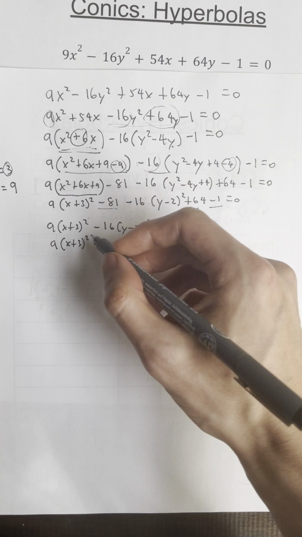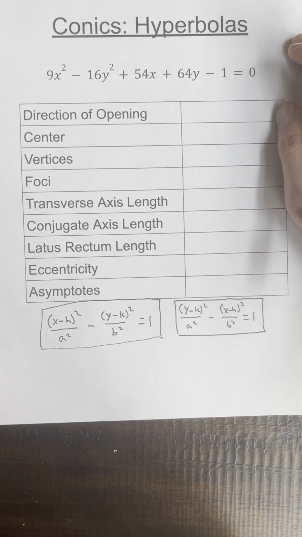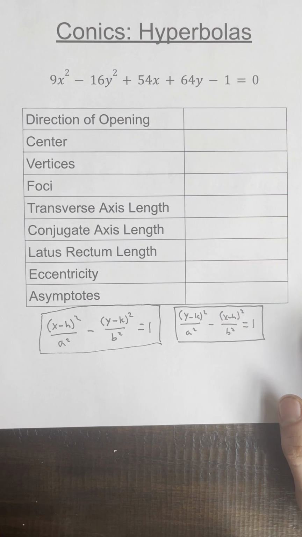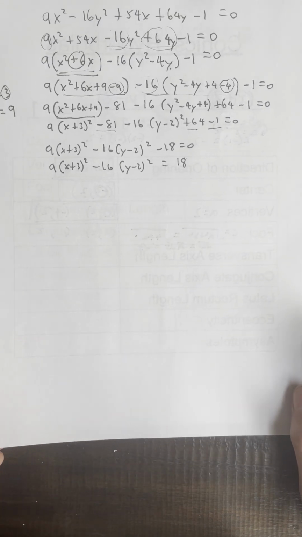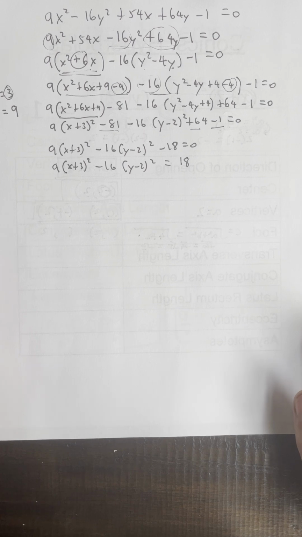And then what's different from here with the equations that are in standard form? We have 18 instead of 1 on the right-hand side. So how do we change it to 1? Divide both sides of the equation by 18.